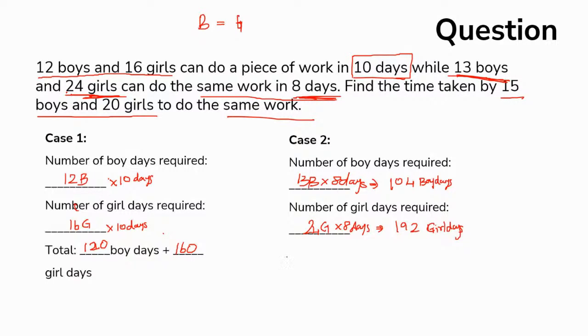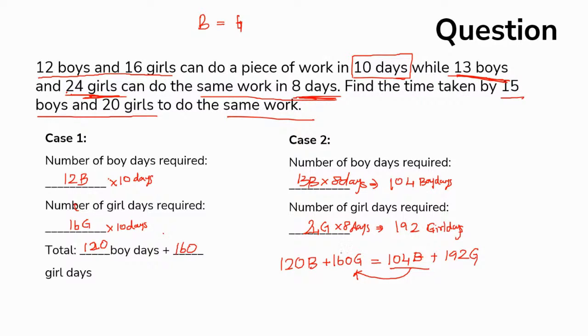So in such scenarios, we can say that 120 boys plus 160 girls work, which is the first case, is equivalent to 104 boys plus 192 girls work in the second case, because they were trying to do the same amount of work. After that, we bring all the boys on one side and all the girls on one side.